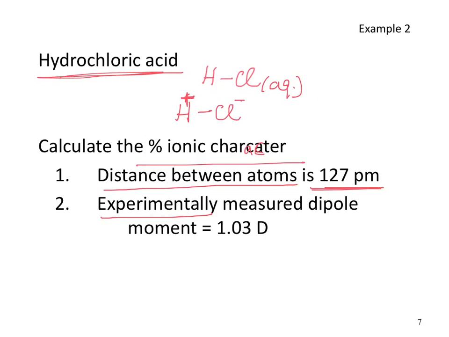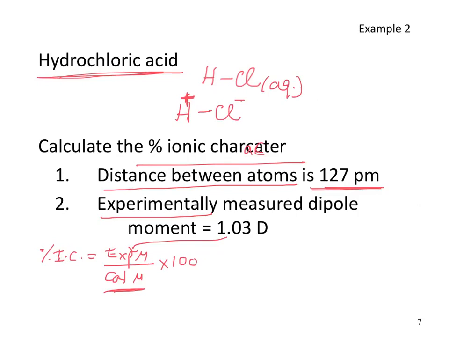Recall from the previous slide, I said that the percentage ionic character is equal to experimental mu divided by calculated mu times 100. This experimental value is given to be 1.03 debye. If I am able to determine the calculated value, I would be able to determine the percentage ionic character.